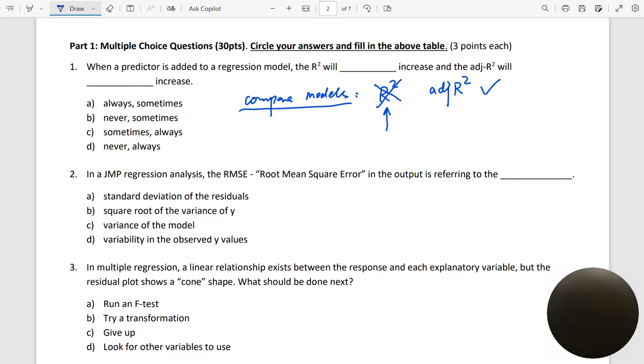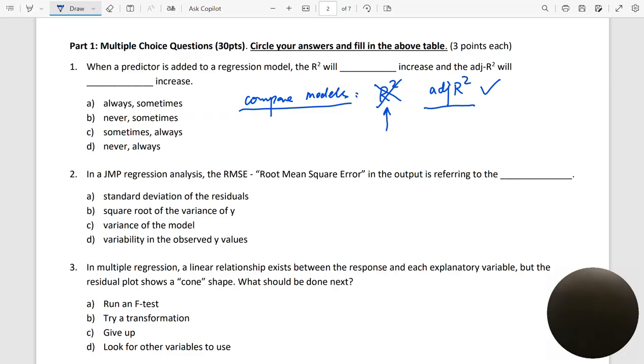Even though you add a lot of useless predictors to the regression, and the R squared gets larger, it doesn't mean this model is better. So we use the adjusted R squared, because R squared sometimes increases because you add a very useful predictor. But the other way, if you add a very useless predictor into the regression, the adjusted R squared will decrease.